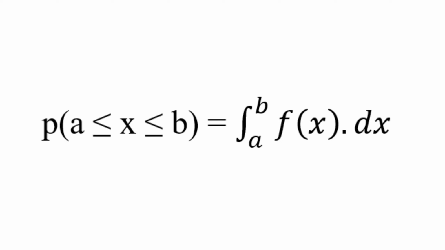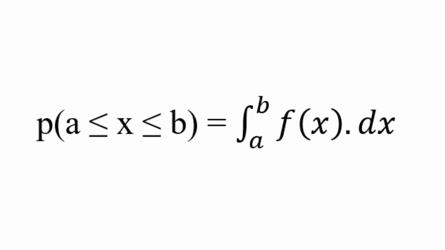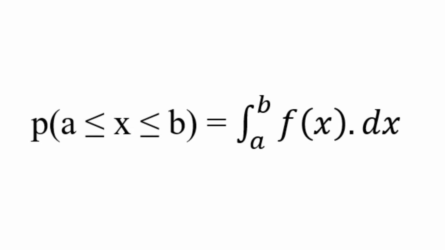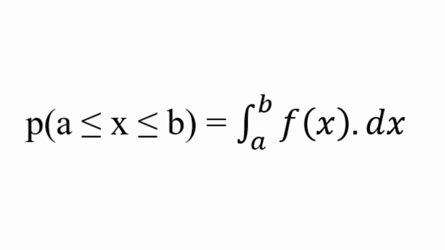So that simply implies that if you want the probabilistic value that a random variable x is located between the intervals A and B, then the probability of x being there is given as the probability that A is less than x and x is less than B, and it is equal to the integral from A to B of f of x times dx. Here f of x represents the probability density function that defines the continuous probability distribution.